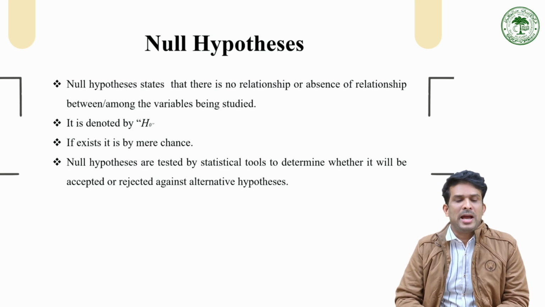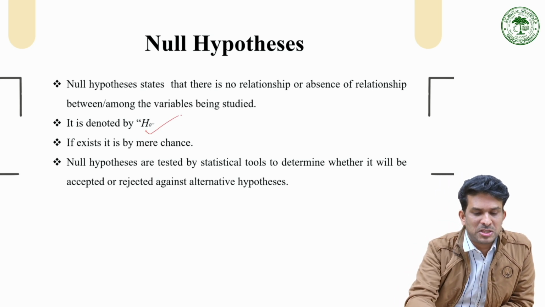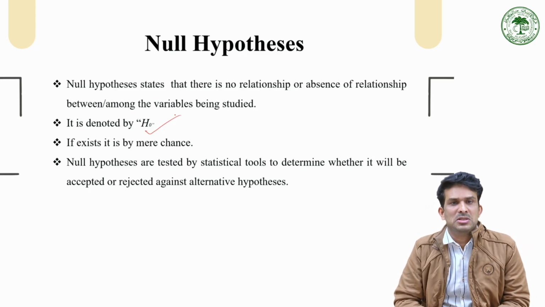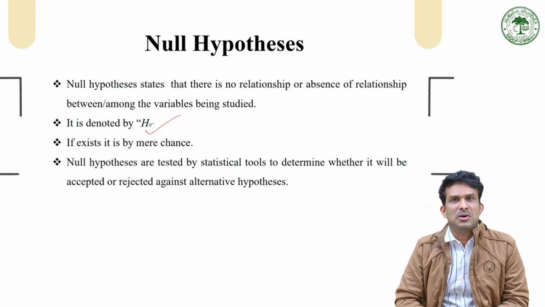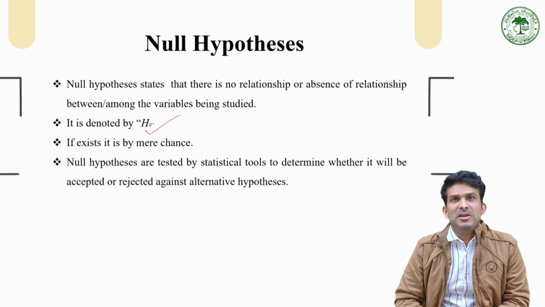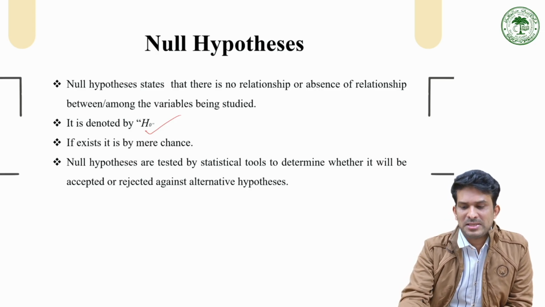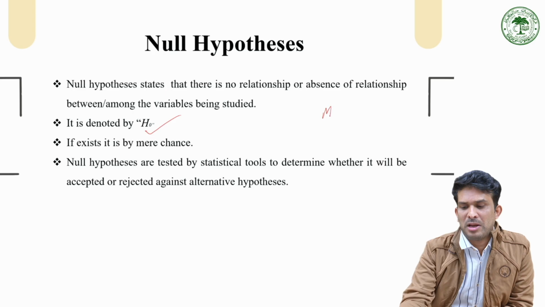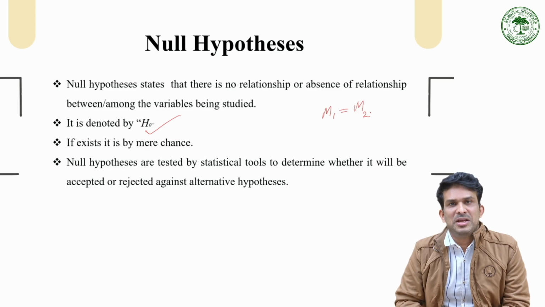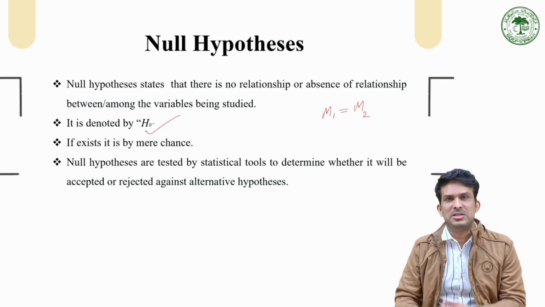We know that null hypothesis is mentioned as H0, H underscore 0, this is normally the way to denote null hypothesis. When we compare means, how do we write null hypothesis? Exactly, it is mean 1 is equal to mean 2. That means there is no difference between the mean scores of first group and second group.